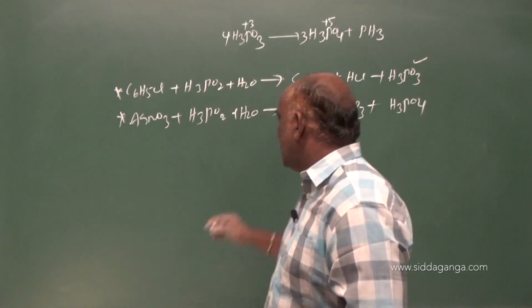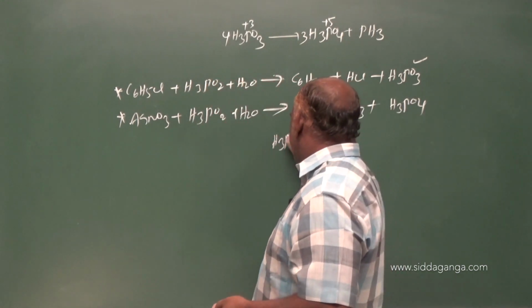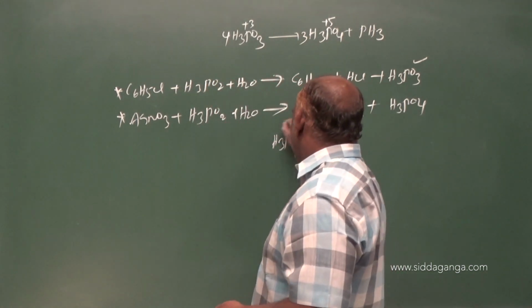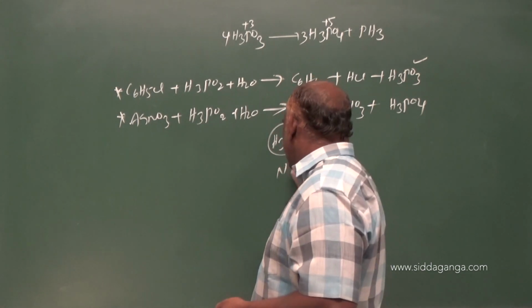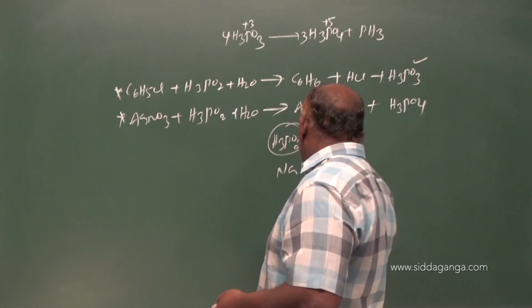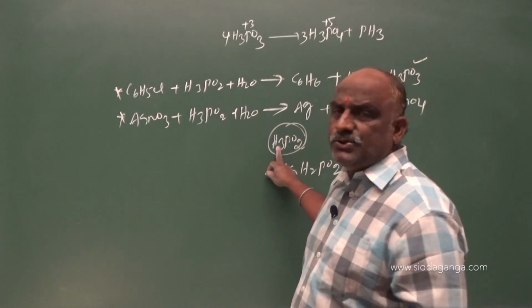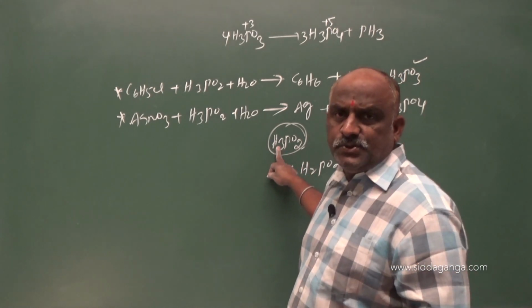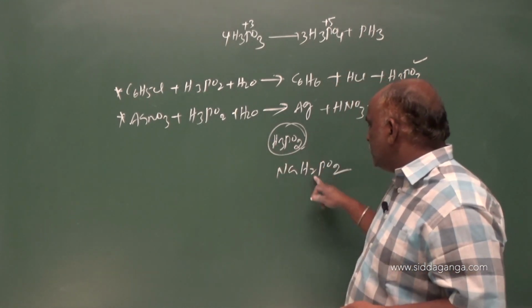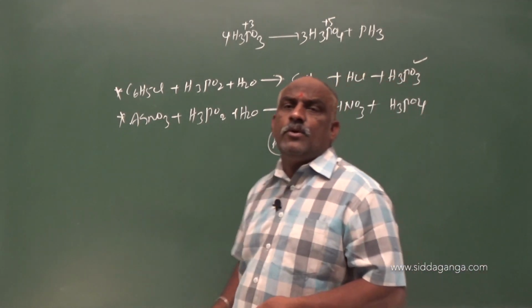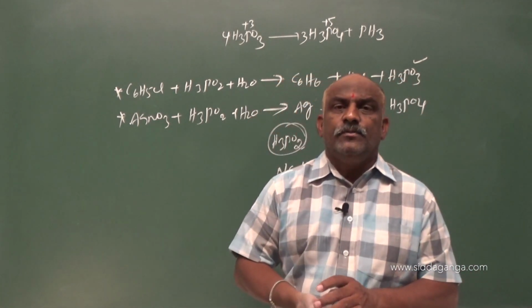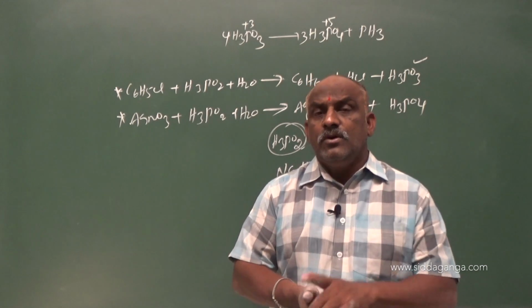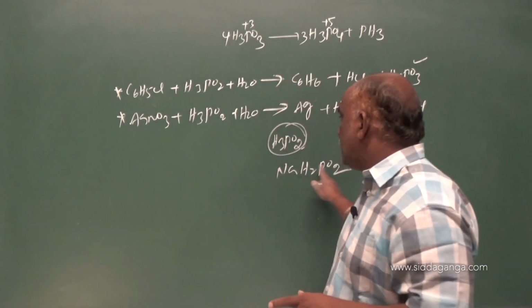In H3PO2 only one hydrogen is ionizable. Due to that, in preparation of phosphine we write NaH2PO2. You remove one hydrogen from this, substitute one Na, then the remaining is H2PO2. What is H2PO2 called? Hypophosphite, sodium hypophosphite.